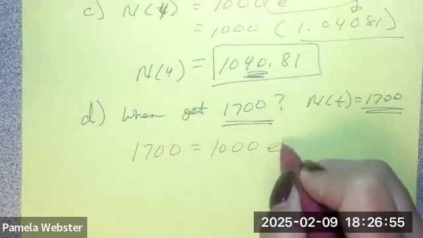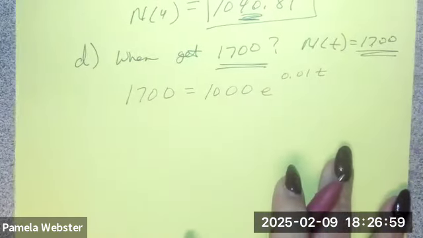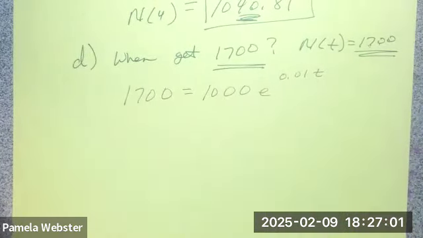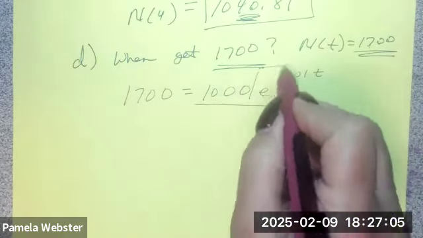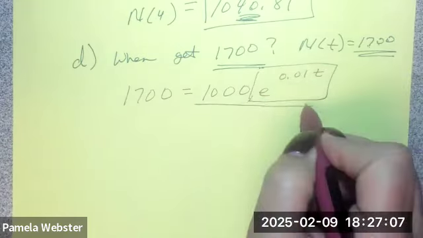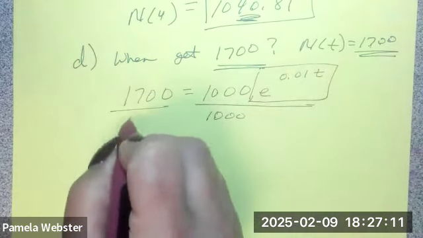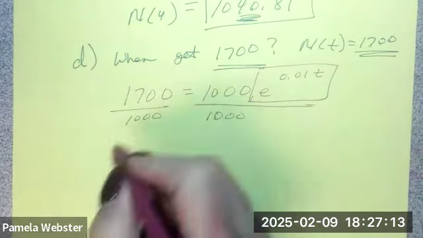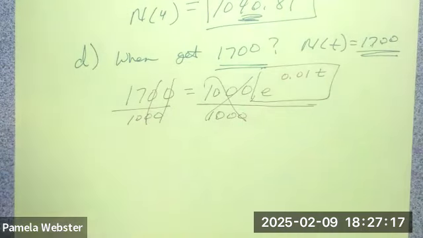1700 equals 1000 e to the 0.01t. That's the formula we were given, right? I can't do anything until I get this exponential guy by himself. He's being multiplied by 1000. So I'm going to divide by 1000. Okay. And I'm going to see things go away.